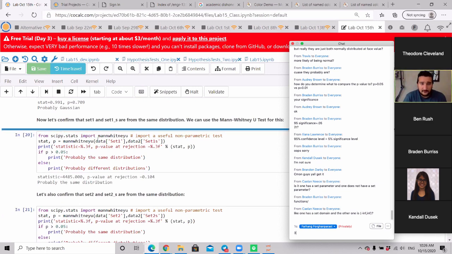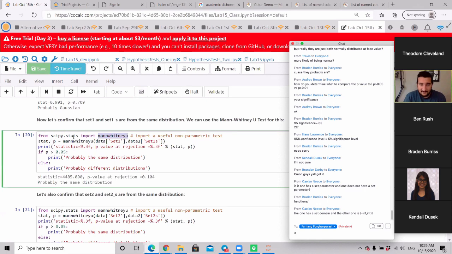So for this, I am bringing in the Mann-Whitney U function from scipy.stats. I'm running that function on my two data sets, set 1 and set 1s. And then I'm setting up my significance level similarly to the ones on top at 0.05.